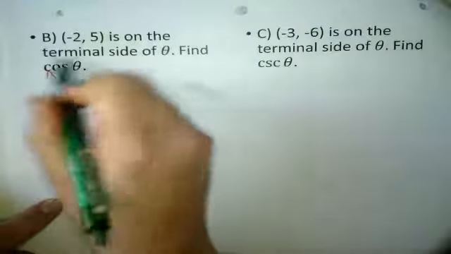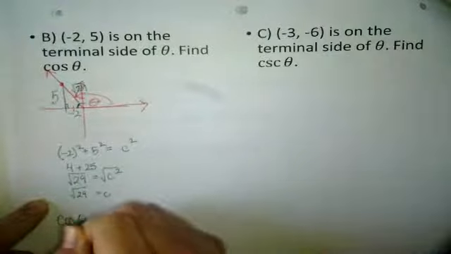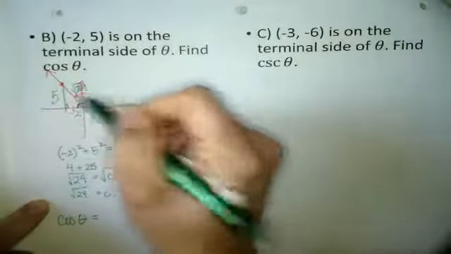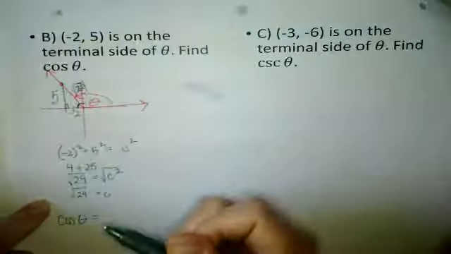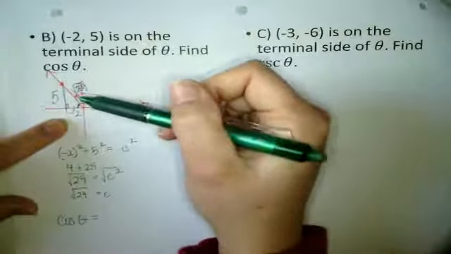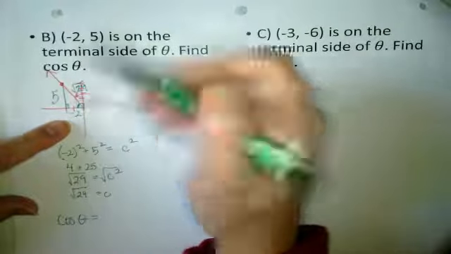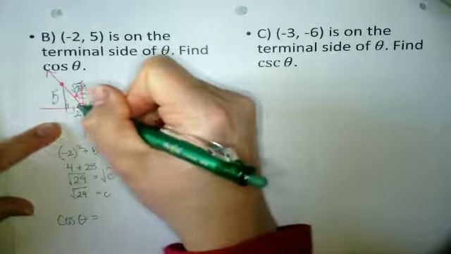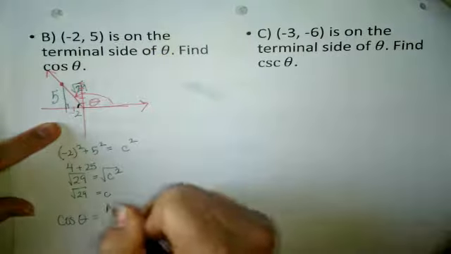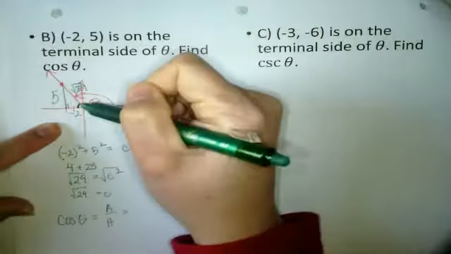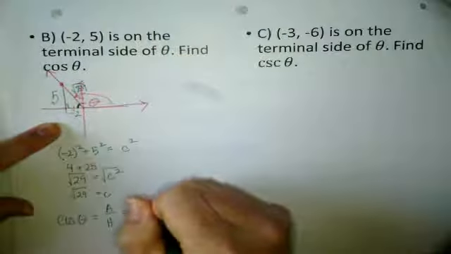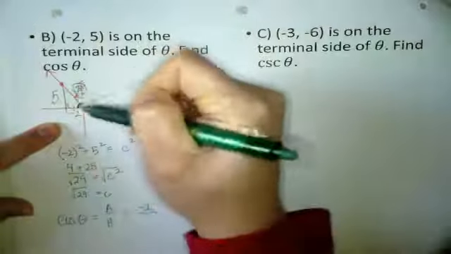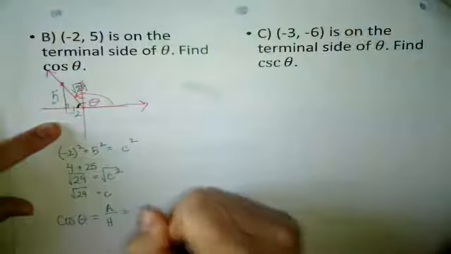And now I can find the cosine of my little reference triangle, which is the same as theta, has the same ratio. So cosine, using this little green angle, looking from this angle, would be adjacent over hypotenuse. So that's negative 2 over the hypotenuse of radical 29.